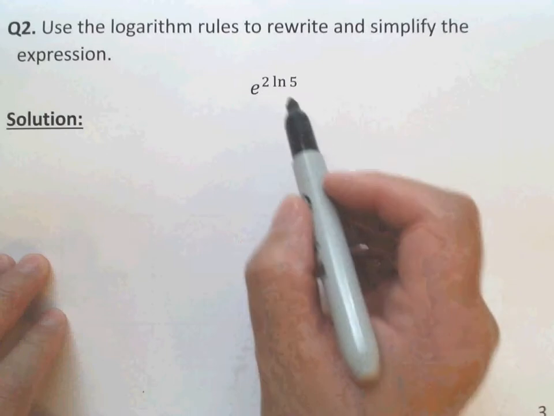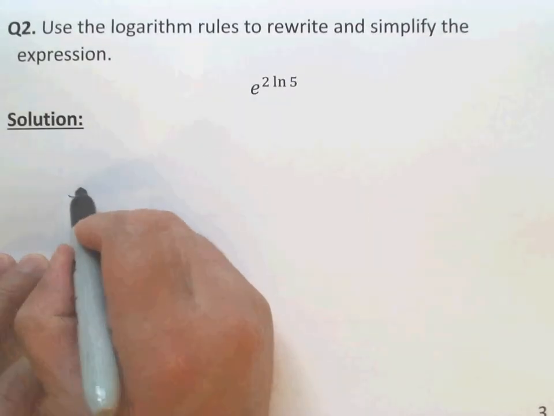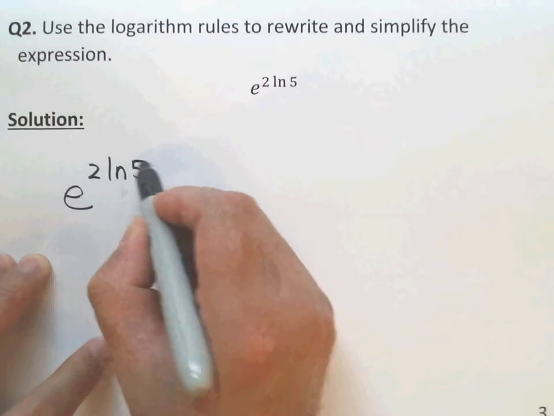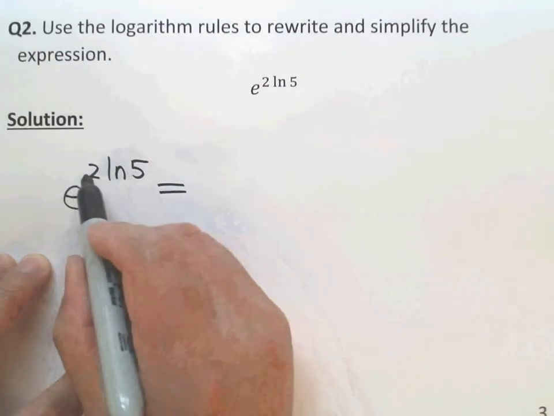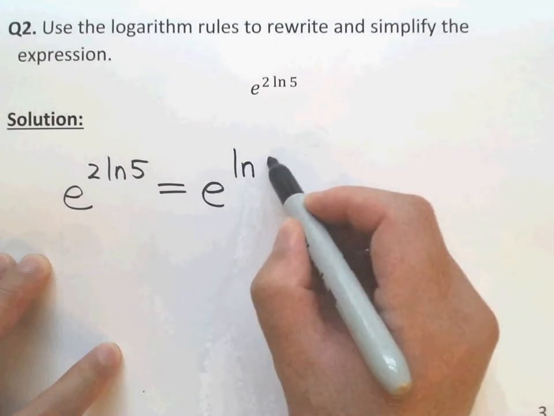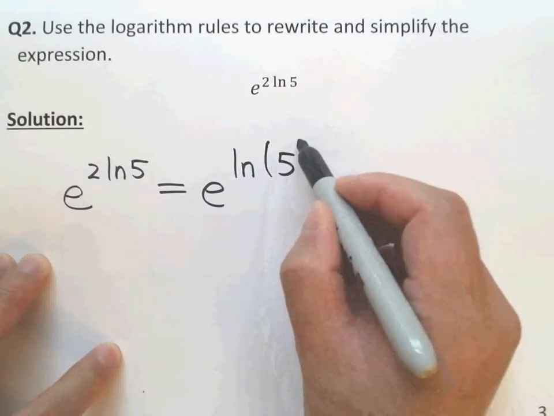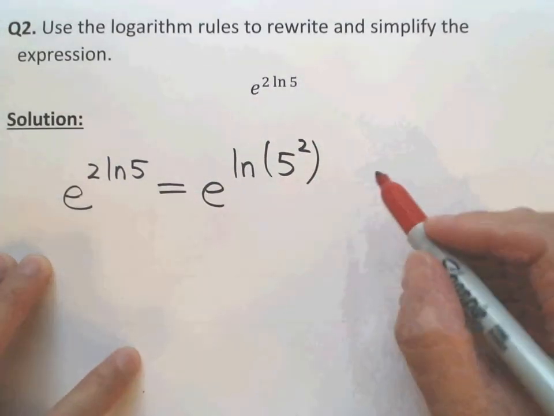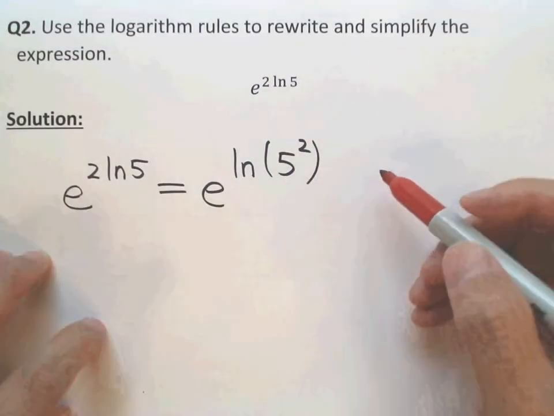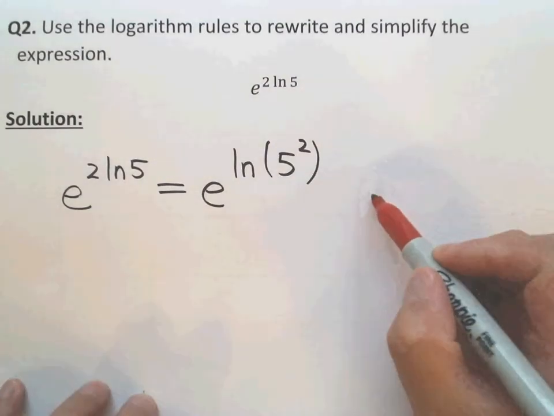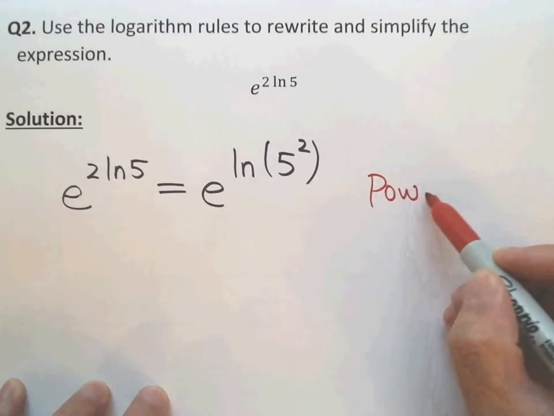So can we see the original? e raised to the 2 times ln 5. We take the 2 back to the power, which means e to the ln of 5 squared.